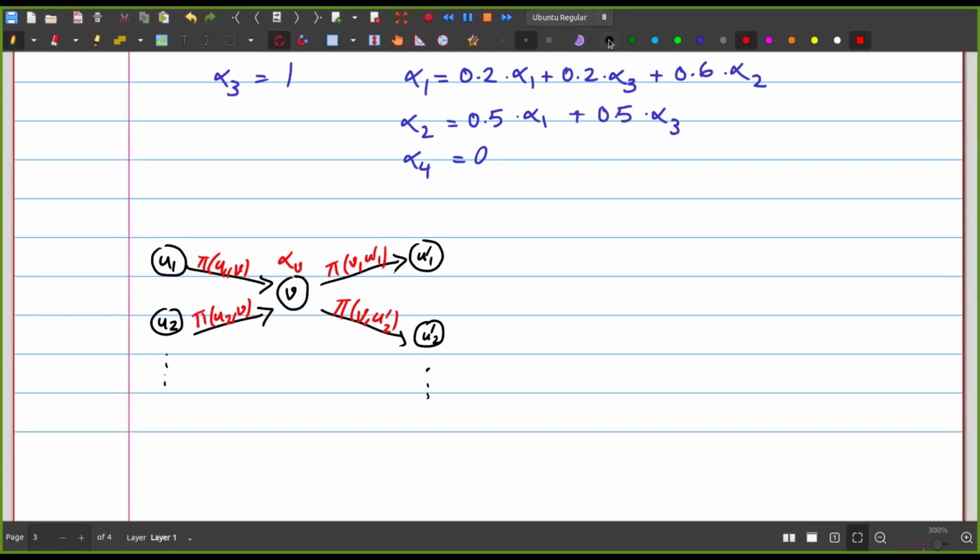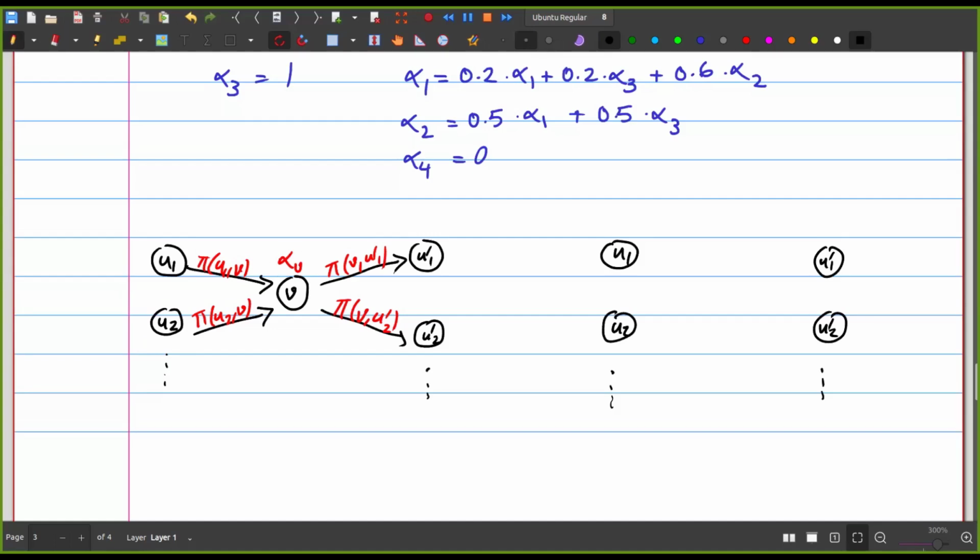This is basically the same as saying I'm removing the vertex V. So I'm going to have U1, U2, and all of the other predecessors. I'm going to have all of the successors, U prime 1, U prime 2, all the way. And then I'm removing this vertex because I'm removing its corresponding alpha from the system.